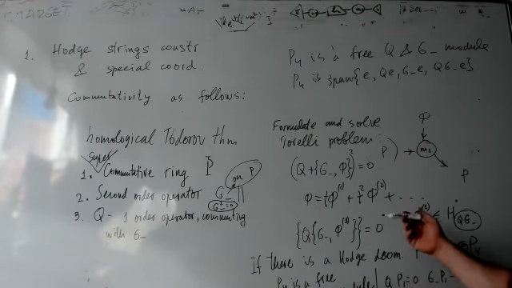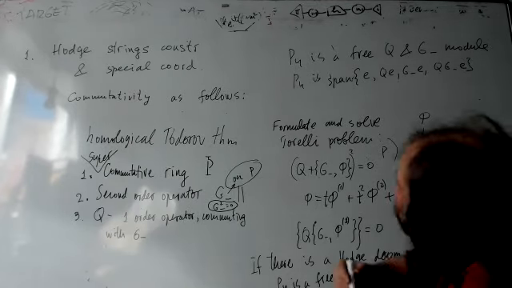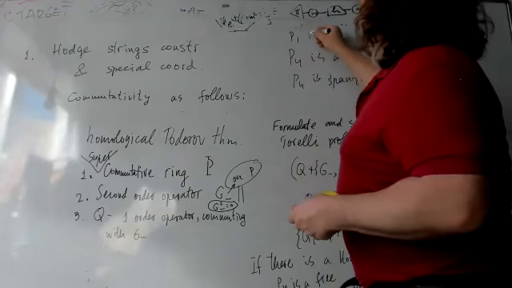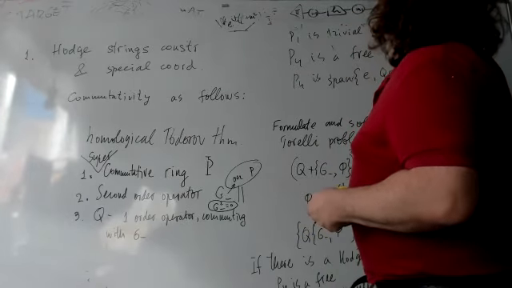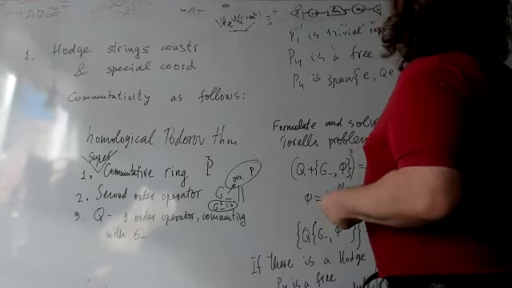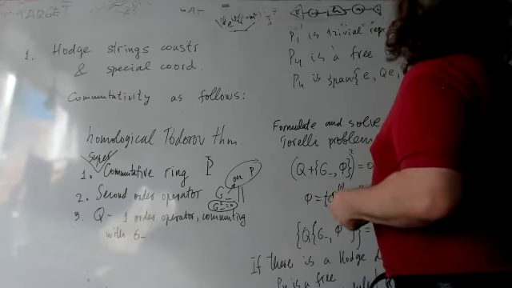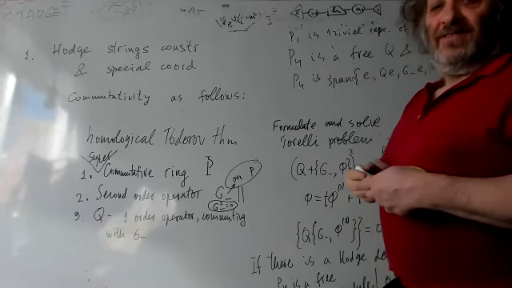The algebra of Q and G minus has different representations. There are trivial representations like P1, and P4 is a free representation.